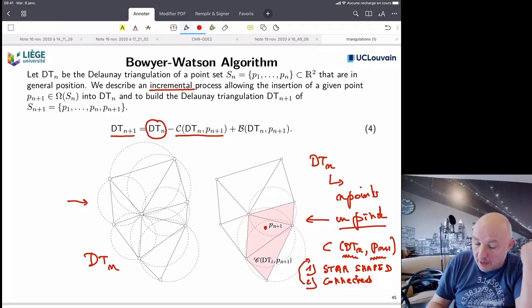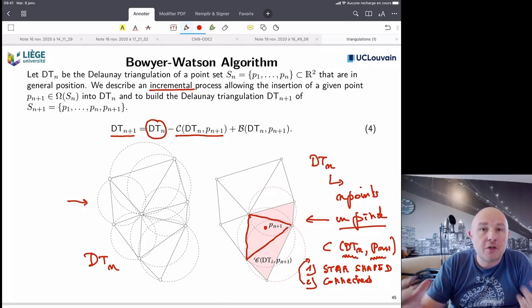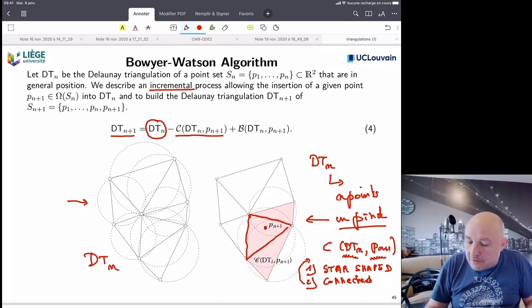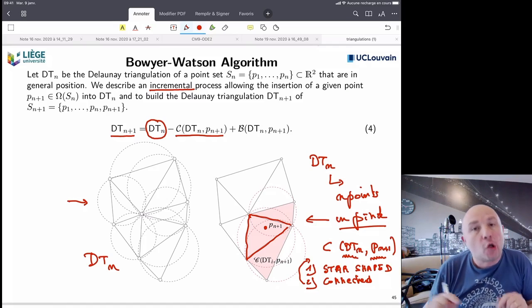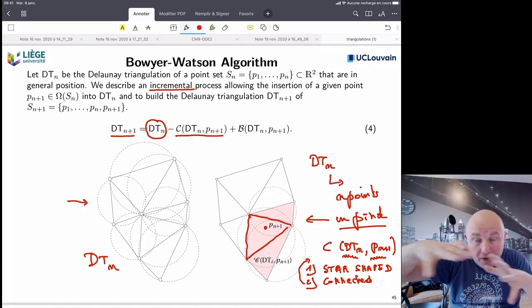Because the triangle where the point lies obviously has its circumcircle, okay, containing the point, because the circumcircle of a triangle contains the triangle. So it means that the cavity contains the point. It's connected, so it's not in two pieces, it's in one piece.